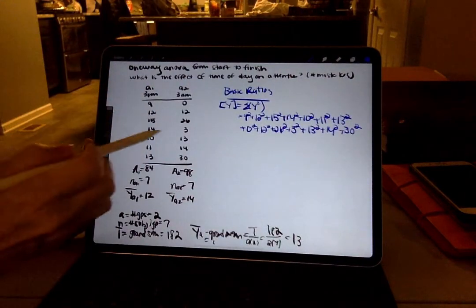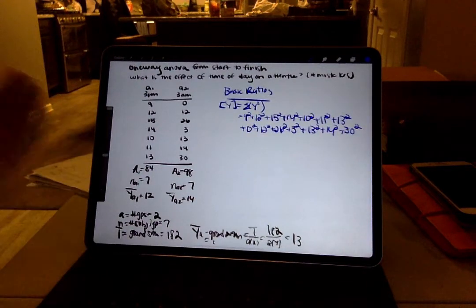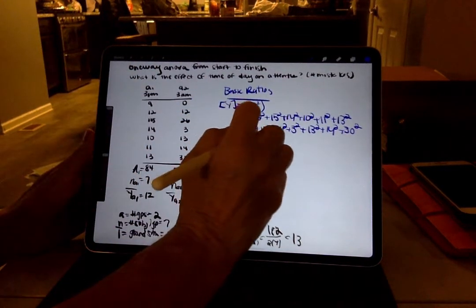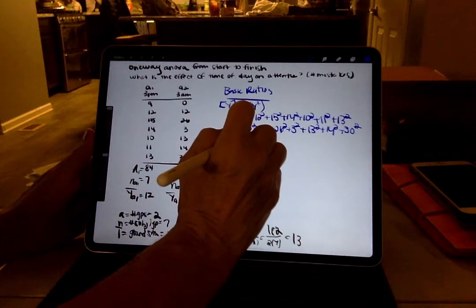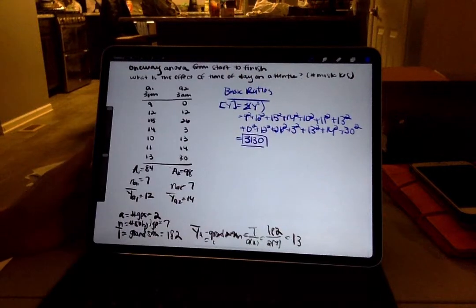All right, so we've taken each one of these 14 scores and squared them. And when we add them all up, and again, I encourage you to pause this and do it yourself, the number that we get is 3130.